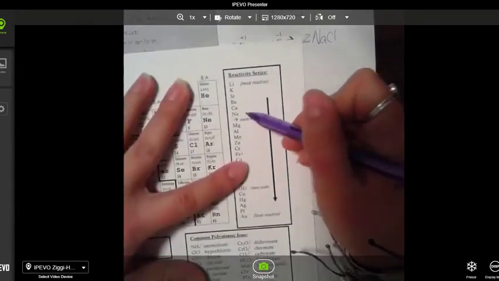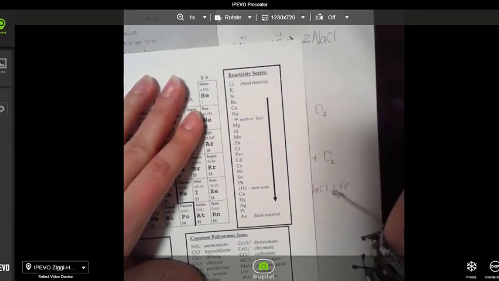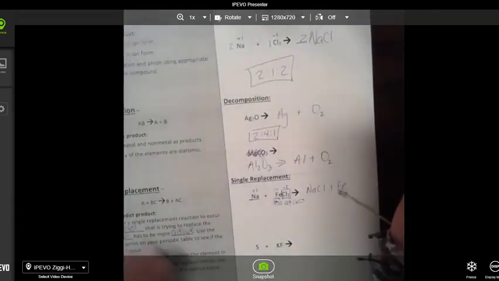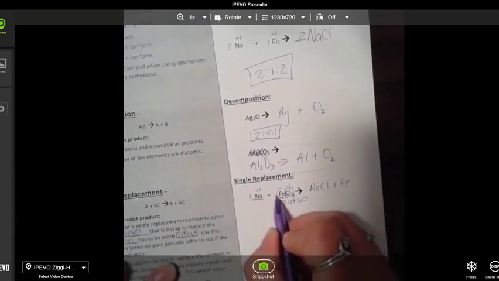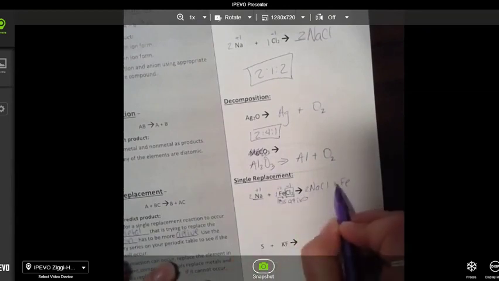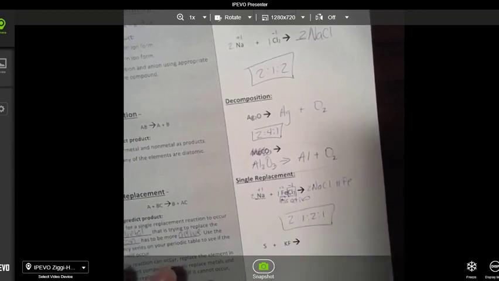So we would call sodium the top dog. They're more towards the top. They're going to steal that ion away. Okay. Then if I was to balance this, which you're going to need to do, this would be a 2, this would be a 1, this would be a 2, this would be a 1. So we'd have 2, 1, 2, 1. And that's what that reaction would be.